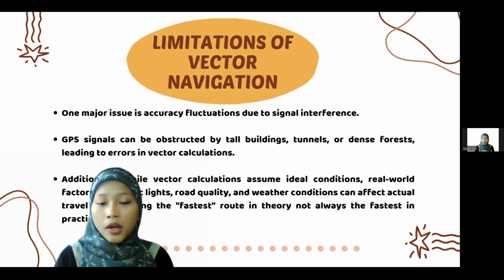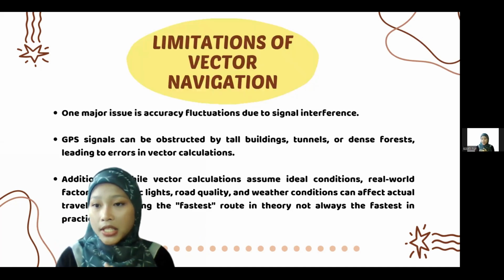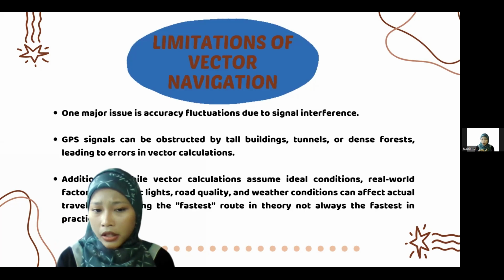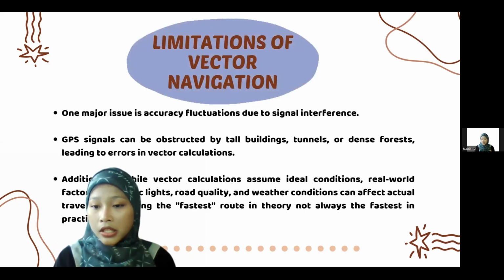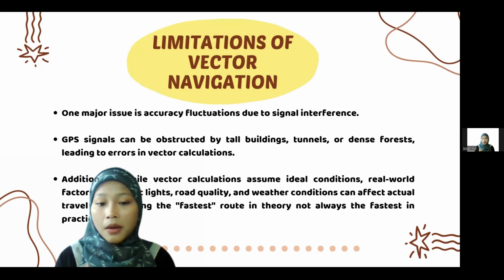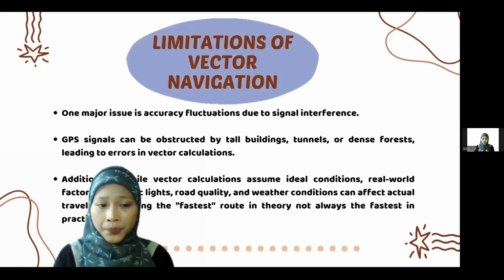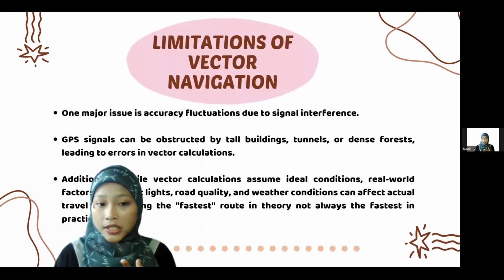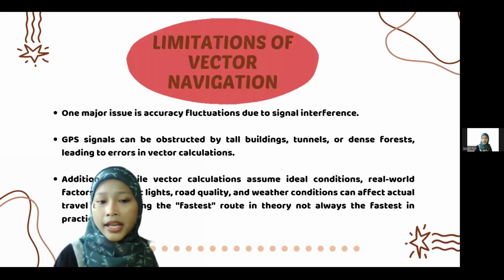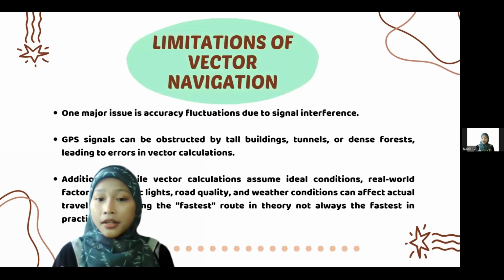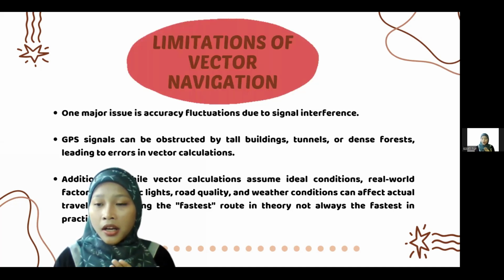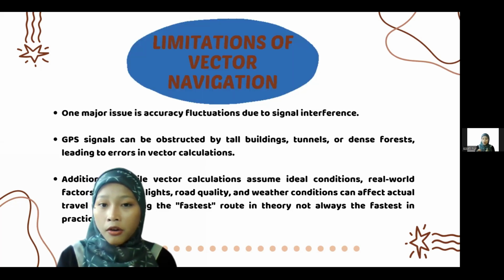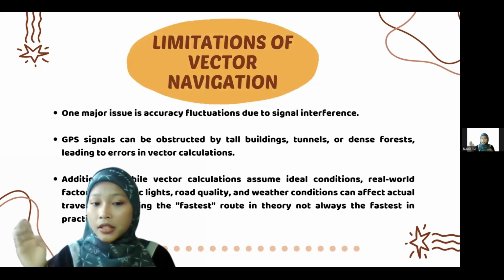Additionally, while vector calculations assume ideal conditions, real-world factors like traffic lights, road quality, and weather conditions can affect actual travel time, making the fastest route in theory not always the fastest in practice. GPS can help us in finding the fastest and shortest route, but GPS cannot tell us which way has traffic lights, or whether that traffic light has just started or started 5 minutes ago, and so on.